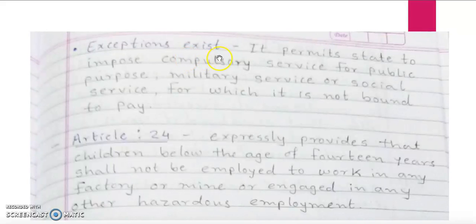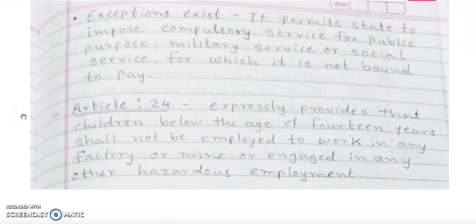Next, some exceptions are there. If, for the security of the state, the government applies military service or some social service, then some exceptions are given. Now Article 24. What is Article 24? It expressly provides that children below the age of 14 years shall not be employed.